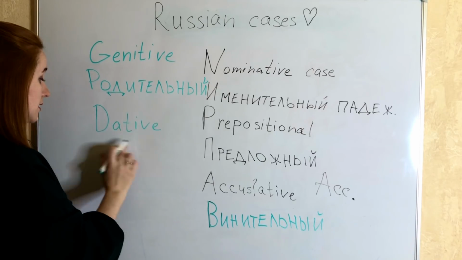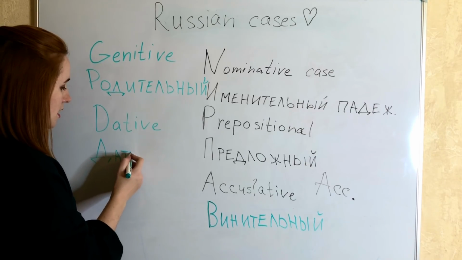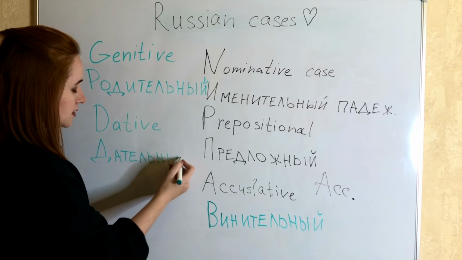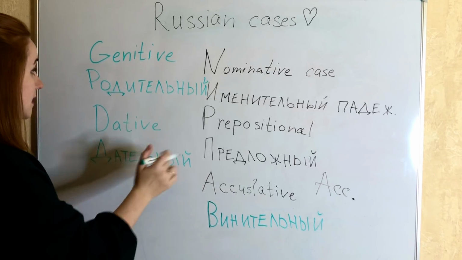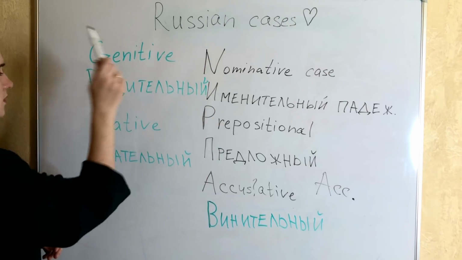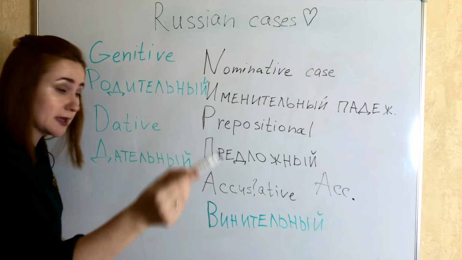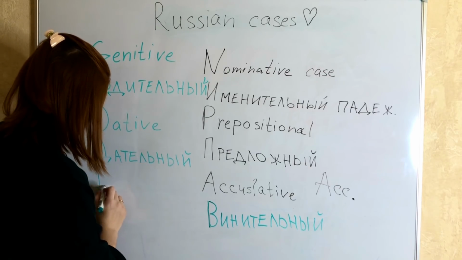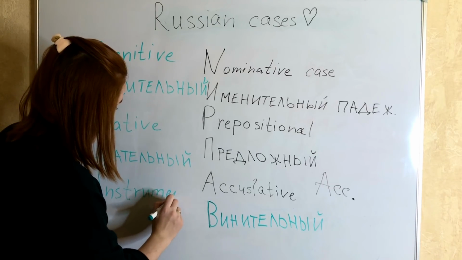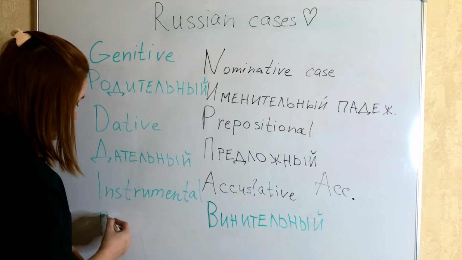Dative is дательный. And 1, 2, 3, 4, 5. Раз, два, три, четыре, пять. Instrumental case. Творительный падеж.